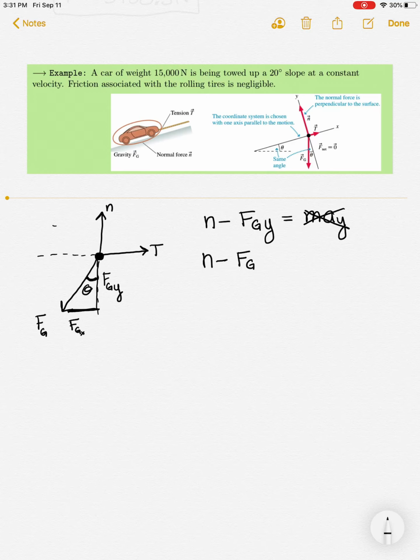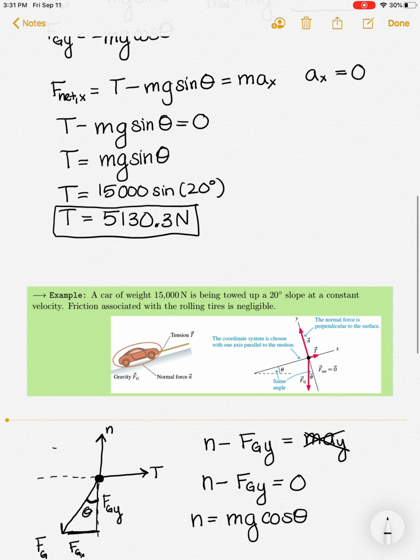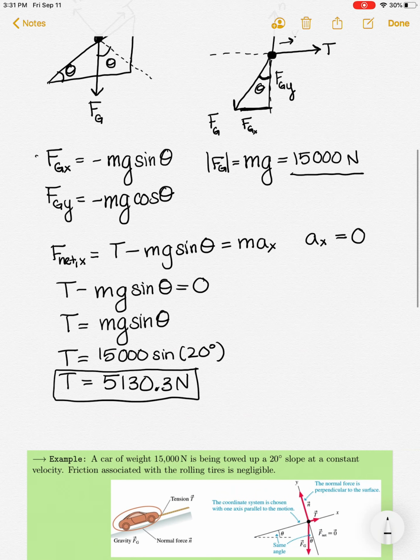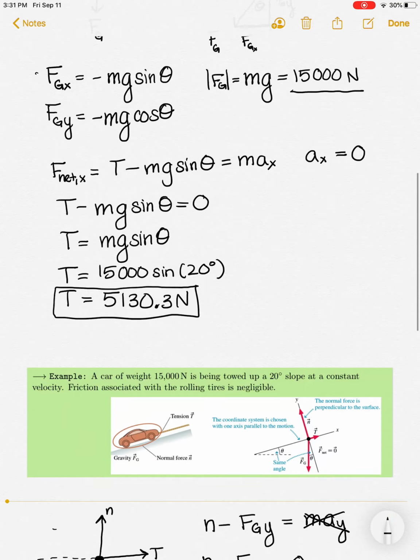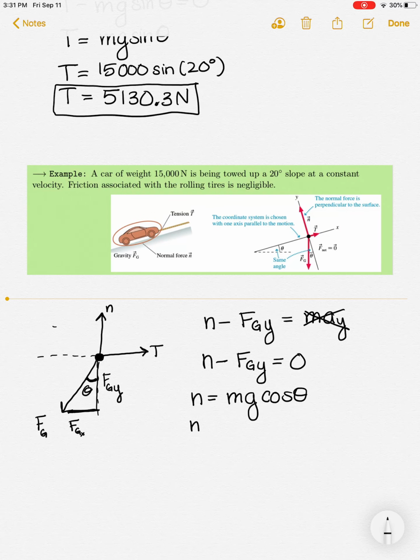So then we have Fn minus Fgy is equal to 0. So then we have the normal force is equal to mg cosine theta, since we found that Fgy was mg cosine theta. And so then we have the normal force is equal to 15,000 cosine 20 degrees.